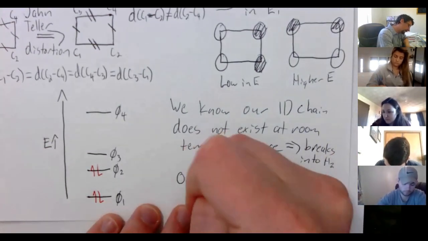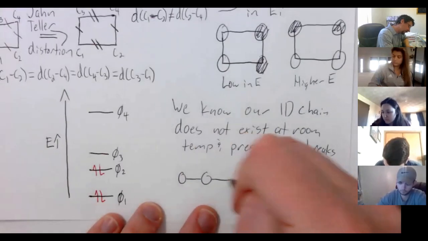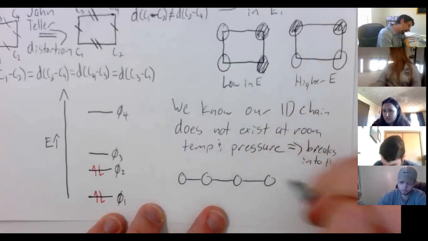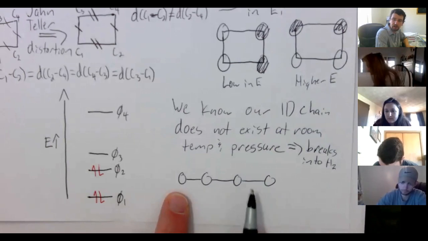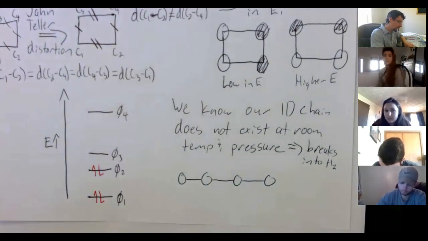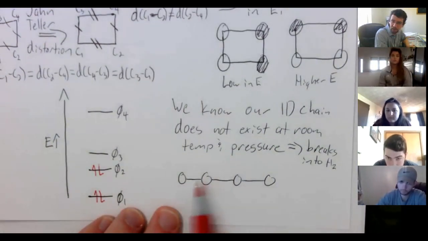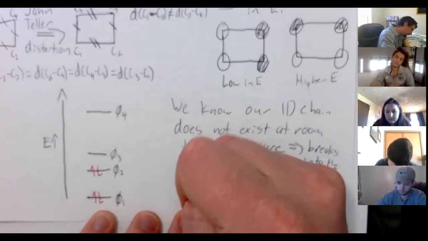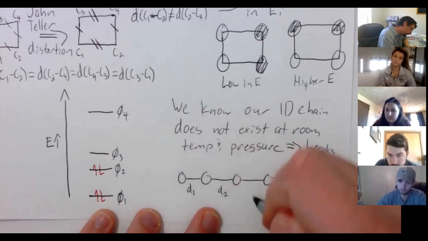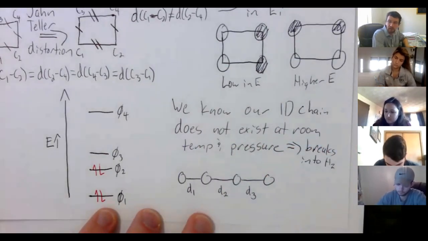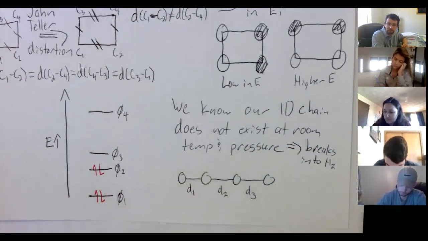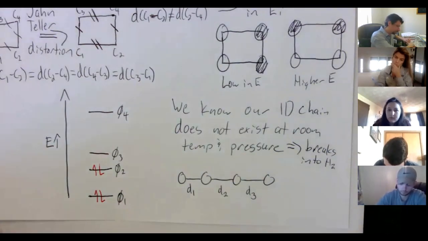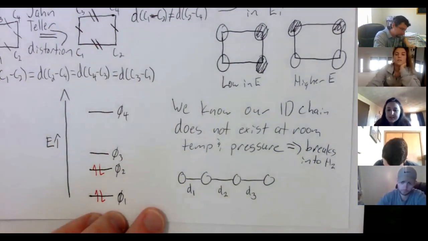So let's draw out what's going to happen. Originally, we said all of these have a distance of A apart. Tell me what's going to happen in this picture. Let's call this one distance 1, this one distance 2, and distance 3. So distance 2 is going to be smaller.